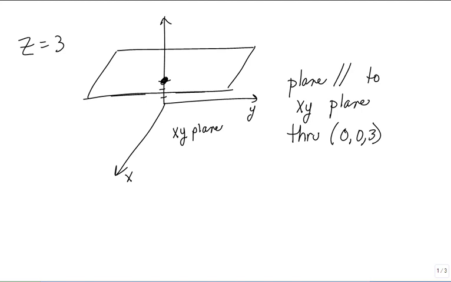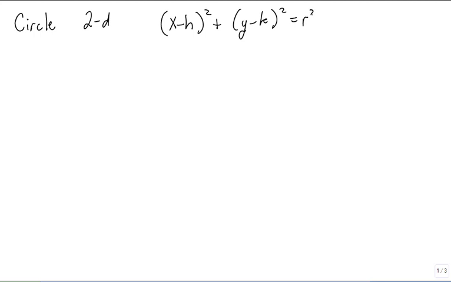Now let's go back to the distance formula. Just like with circles, remember a circle in 2-dimensional, the formula is this, where the center of the circle is (h, k) and the radius is r.